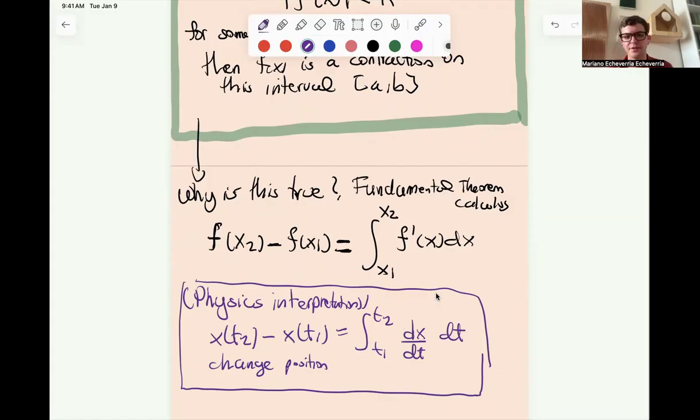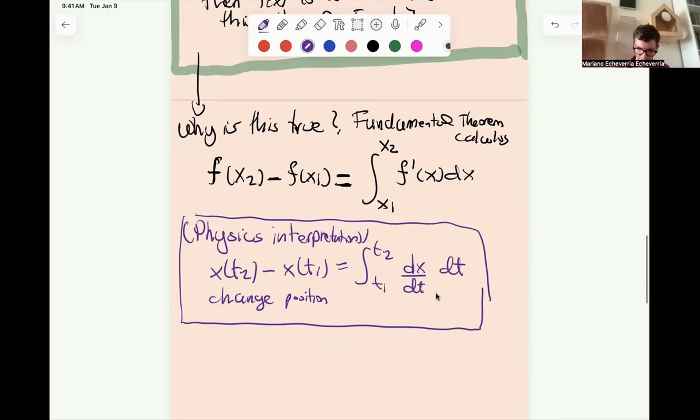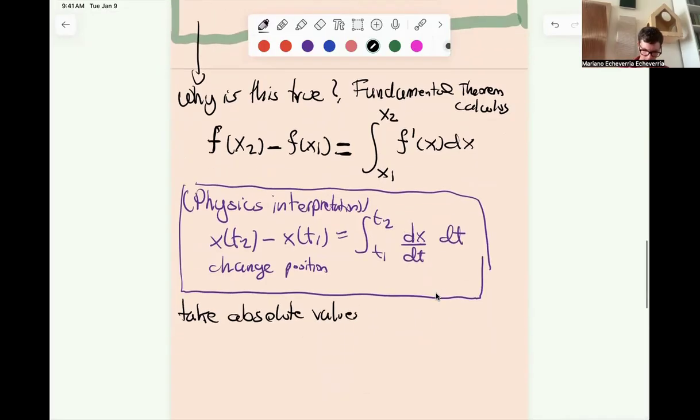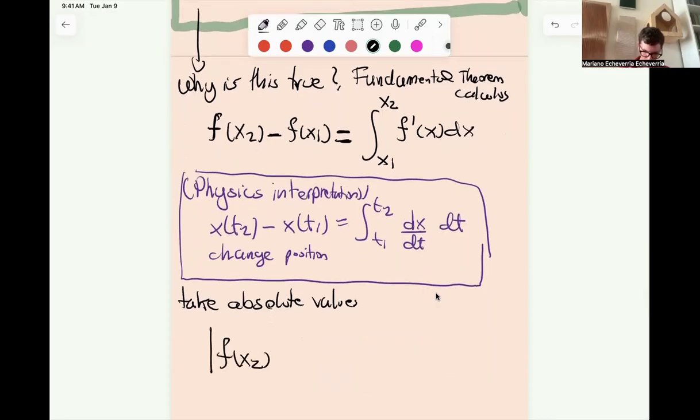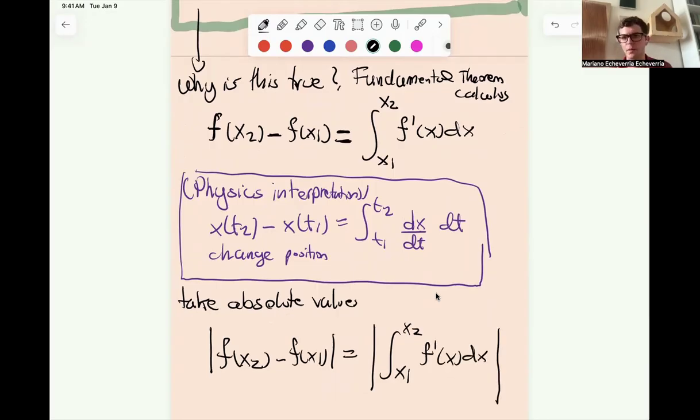So the change of position is the integral of the velocity, right? And the version with derivatives is what I wrote above. So then what you do is you take absolute values on both sides of the equation. Okay.